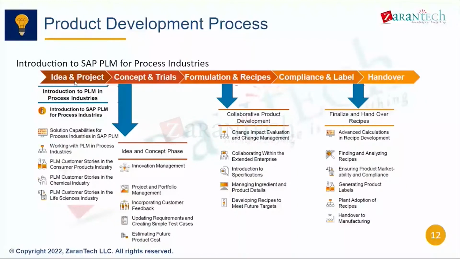This is a very standard kind of stages, which is mapped into SAP PLM, and there are some business activities mentioned here. As you can see, innovation management, then project and portfolio management, estimate future product cost. These all are part of project and portfolio management.